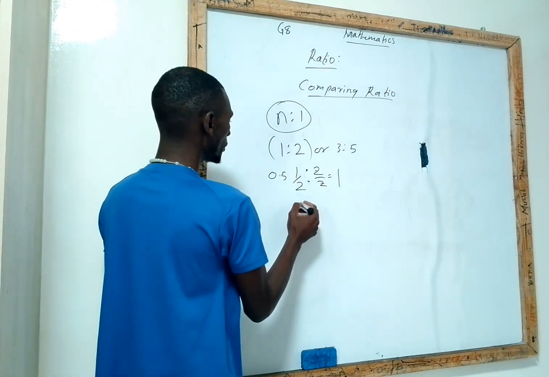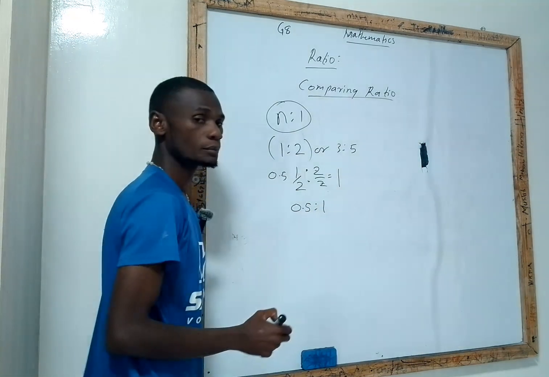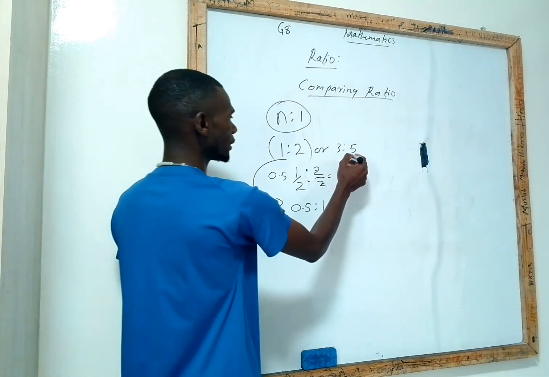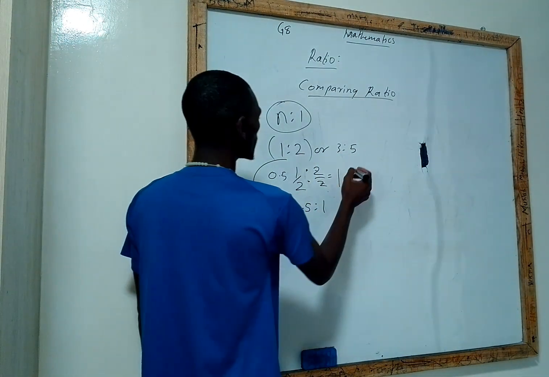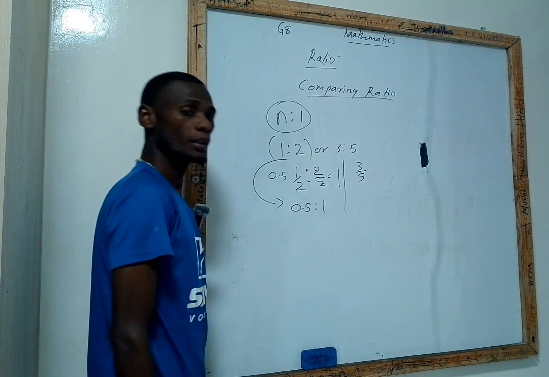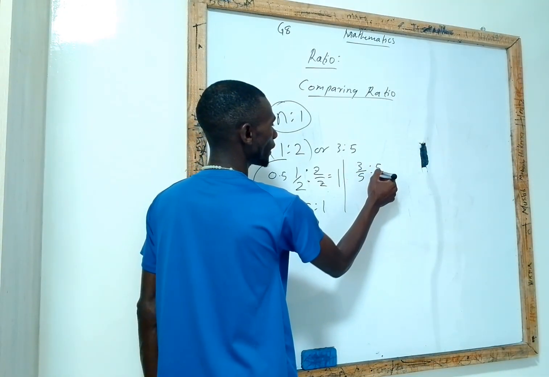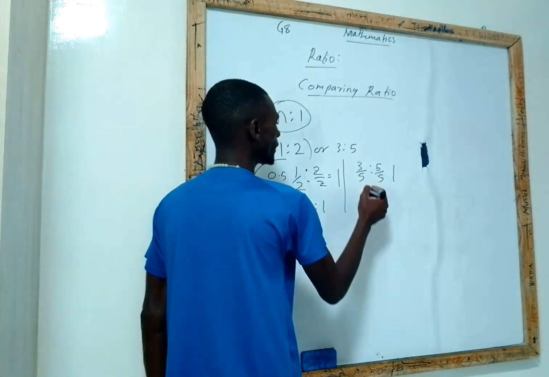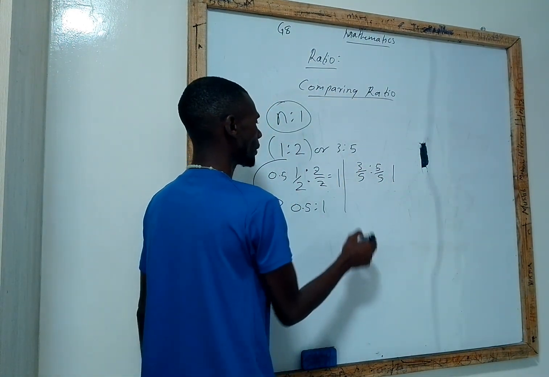So in short, here we have 0.5 to ratio 1. That is for this ratio here. And let us look at this one, so that we can compare which one is greater. In this case also we put it as a fraction, 3 over 5. For us to have 1, we put 5 over 5, and divide both sides by 5. This side you get 1, and if you divide 3 by 5, you will get 0.6.